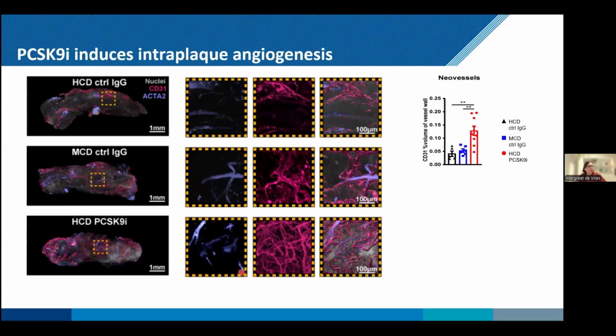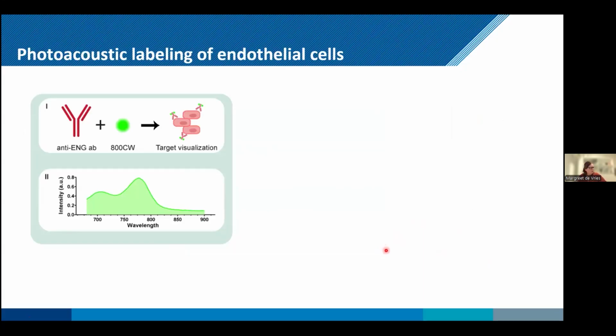And upon quantifying this, we could see that we have a significant increased number of neovessels in the PCSK9 inhibition group, and that these neovessels also on histology show more pericyte coverage, so more mature neovessels.